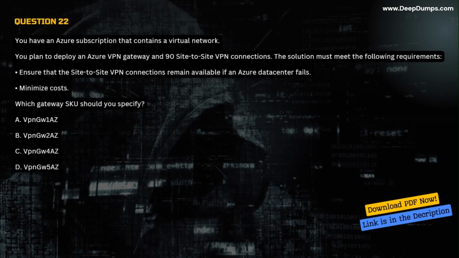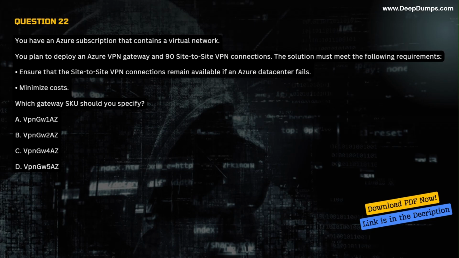Question 22. You have an Azure subscription that contains a virtual network. You plan to deploy an Azure VPN gateway and 90 site-to-site VPN connections. The solution must meet the following requirements: Ensure that the site-to-site VPN connections remain available if an Azure data center fails. Minimize costs. Which gateway SKU should you specify? A. VPN GW1AZ.